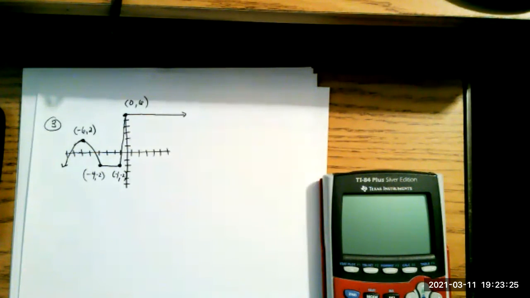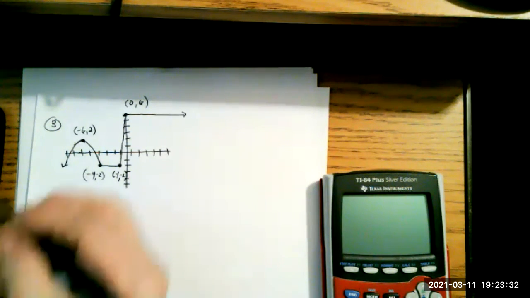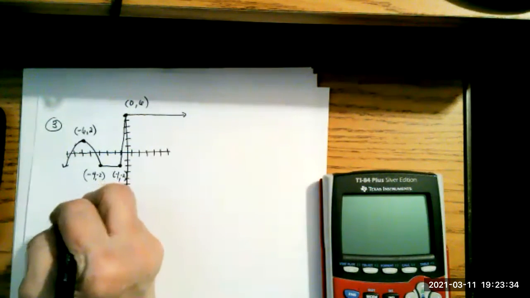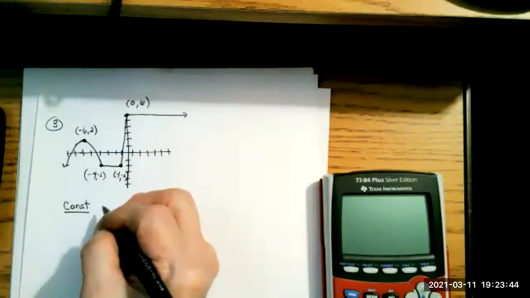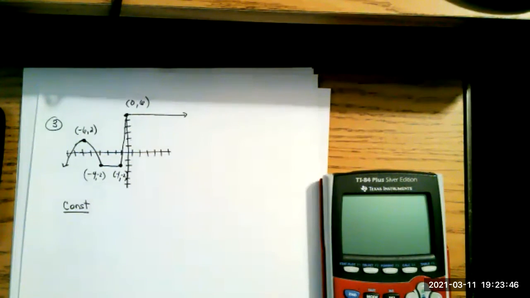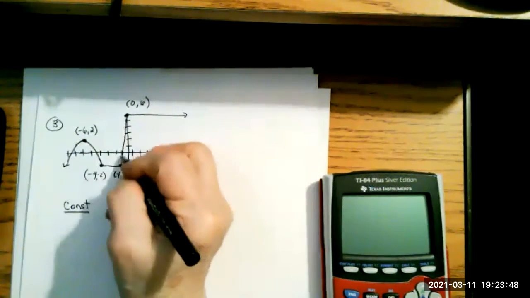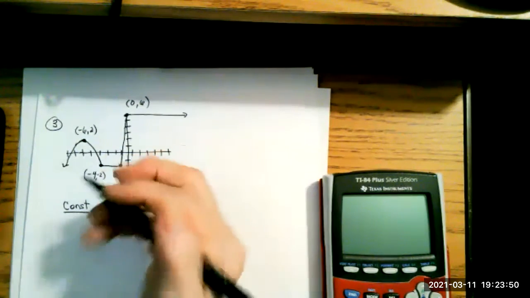Okay, let me pick somebody. Corey, are you there? I'm here. All right, Corey. How about constant? Can you do a constant one? It would be -4 to -2 on the bottom one. I think that's a -1. -2 is your Y value.